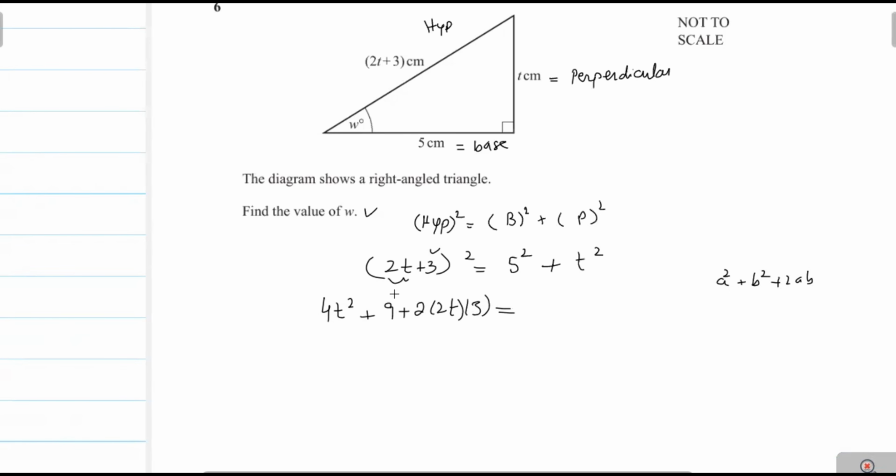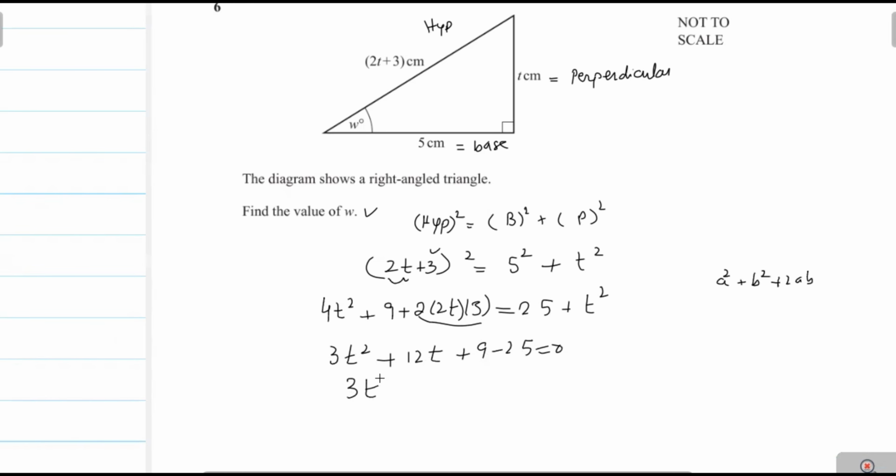And this will be equal to 5 square is 25. And this is t square. Now we shift t from right to left side. This becomes 3t square. And this is 4 times 3 is 12t plus 12t. And plus 9 minus 25 equal to 0.